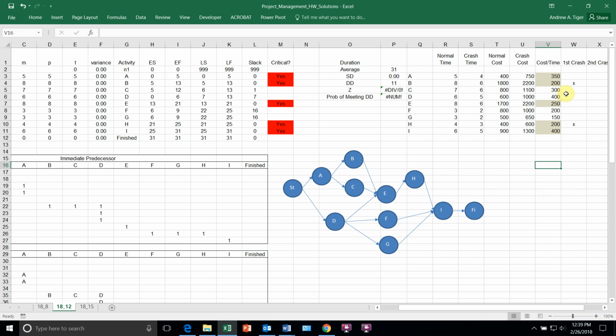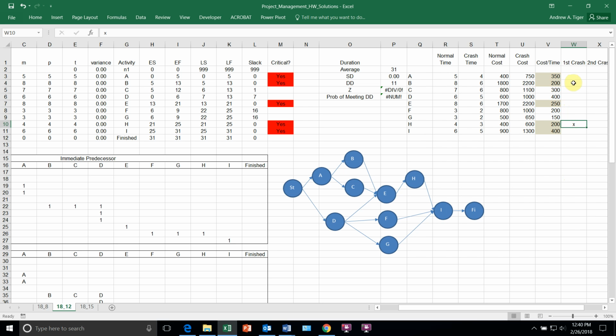It needs to be the cheapest, and it needs to be on the critical path. So you're either going to crash activity B or activity H. The issue is that you want to crash one time period at a time, because when you crash and shorten a path, it may no longer be on the critical path.